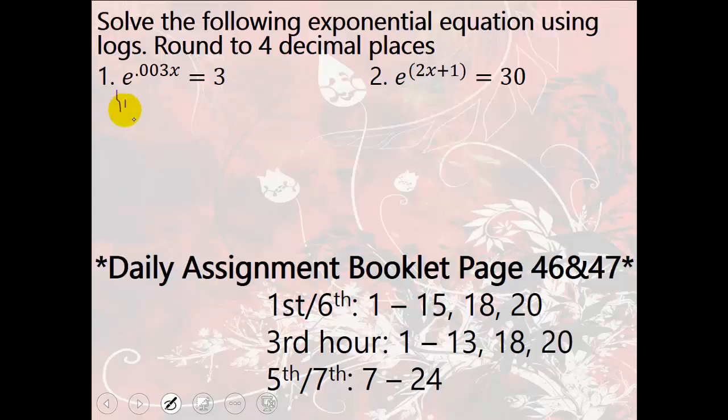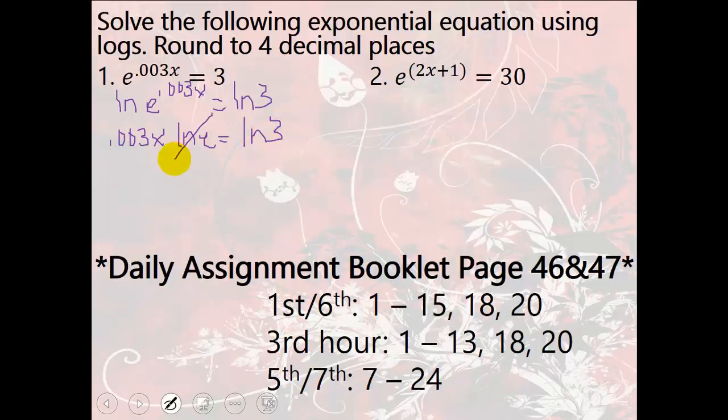So I'm going to take the natural log of e raised to the 0.003x equals the natural log of 3. I applied the natural log to both sides. Now I'm going to use my power property, and I'm going to have 0.003x times ln of e is equal to ln of 3.